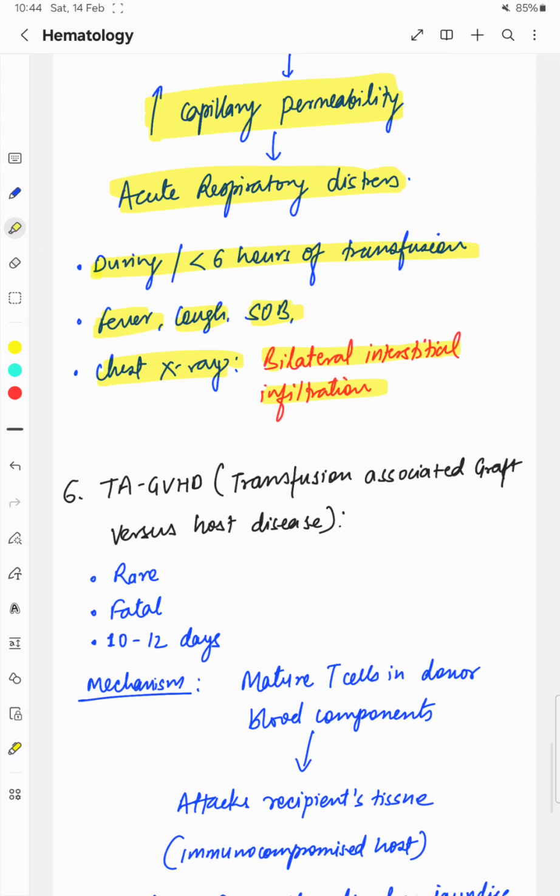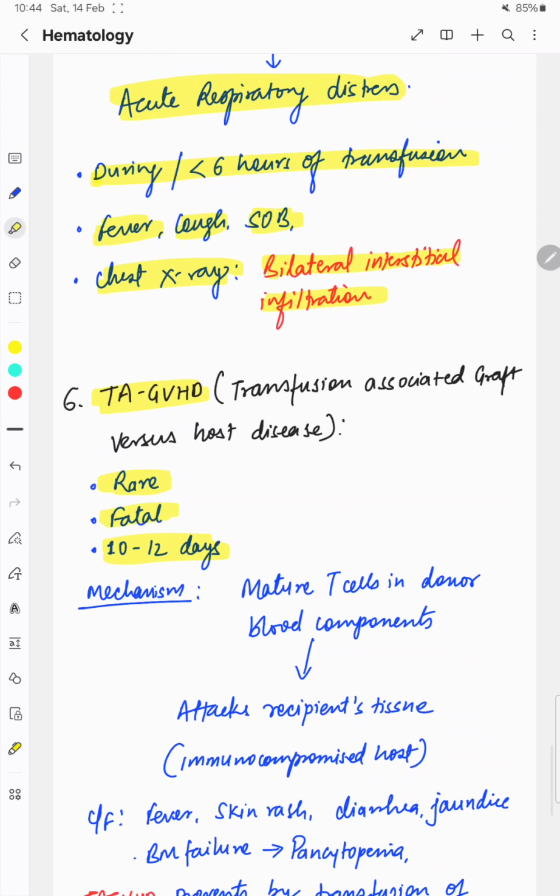Another immunological transfusion reaction is transfusion associated graft versus host disease. This is a rare phenomenon, can be fatal and is seen after 10 to 12 days of the transfusion. So this is a delayed type of immunological transfusion reaction.